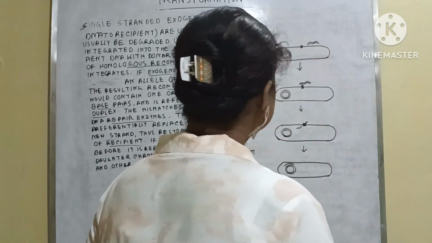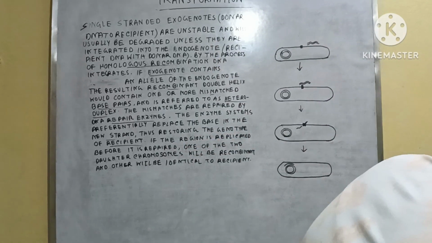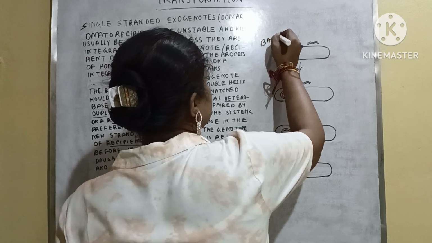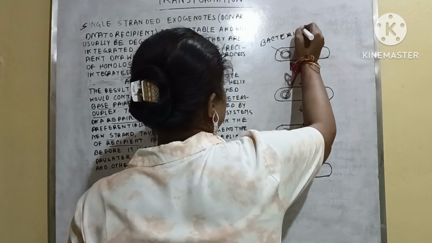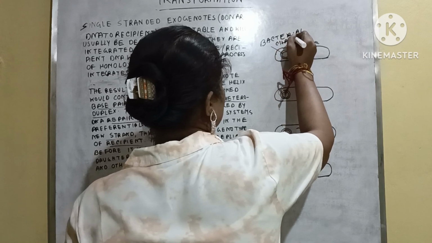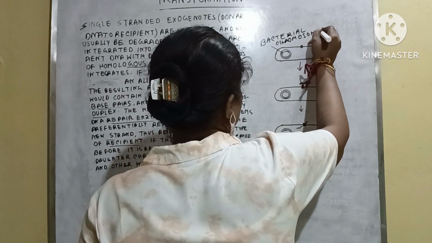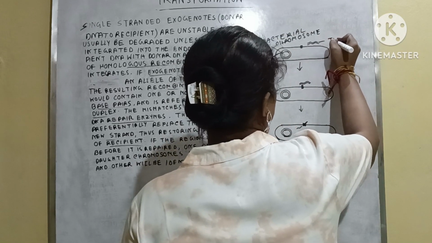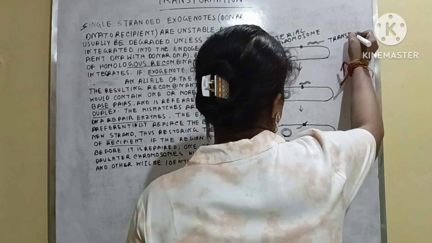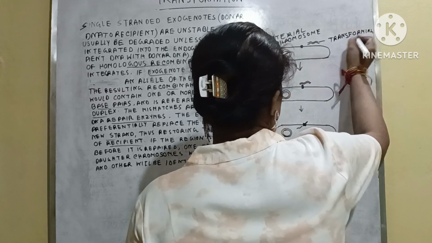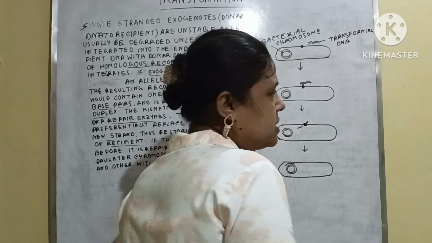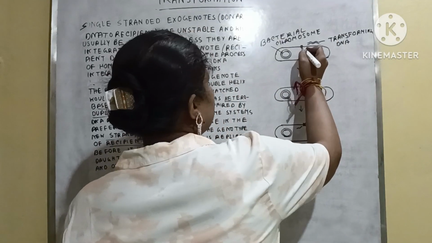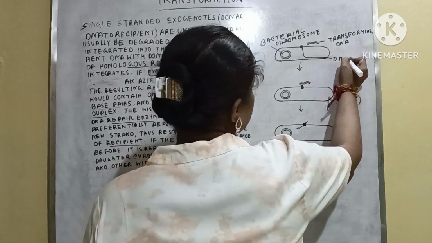Here you can see the transforming DNA and the bacterial chromosome, or DNA, and this is the DNA binding protein.